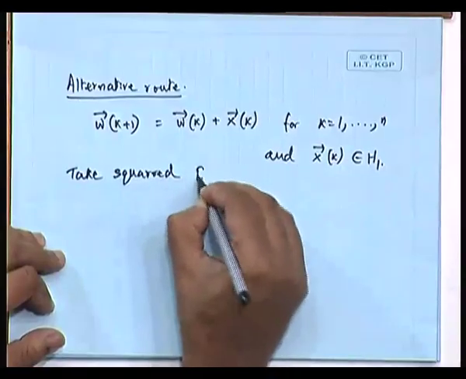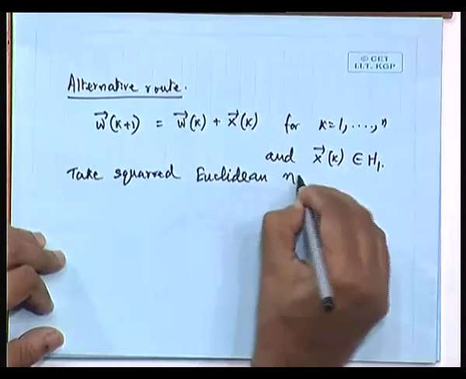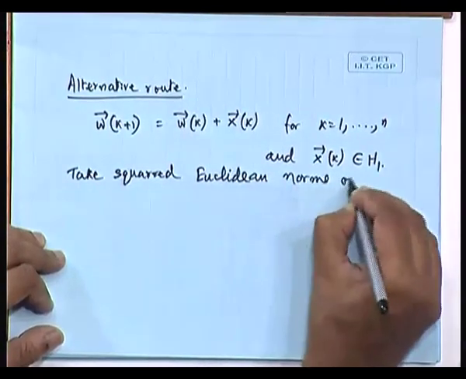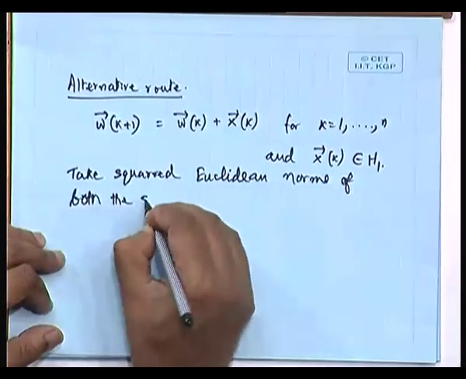instead of doing that, let us take this equation on its own and let us obtain the squared Euclidean norm of both these sides. Easy.